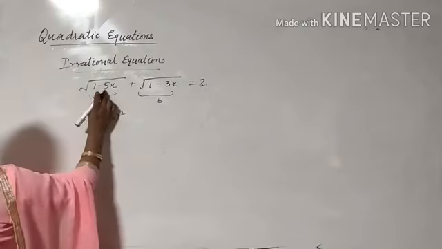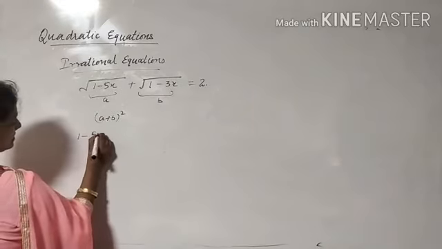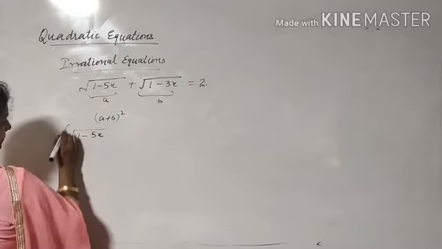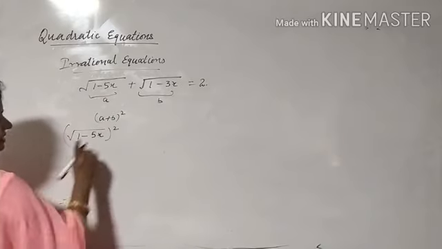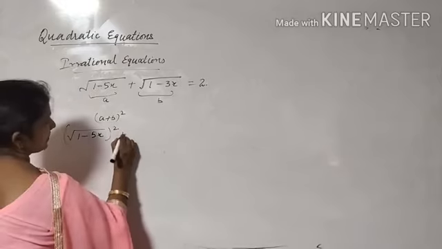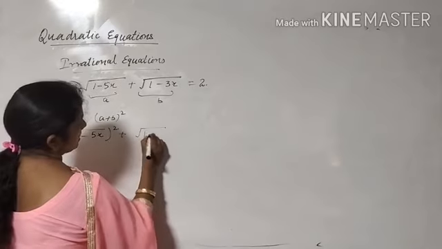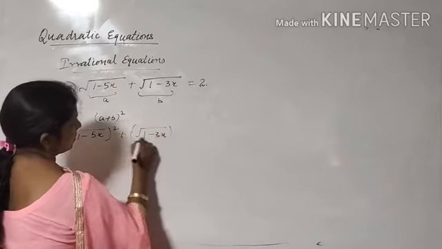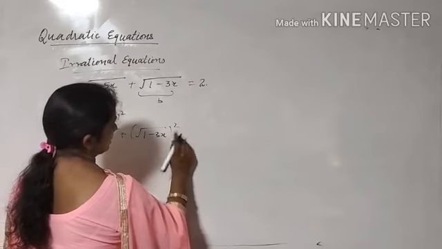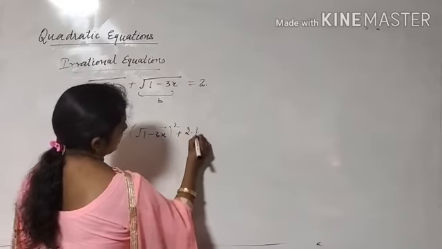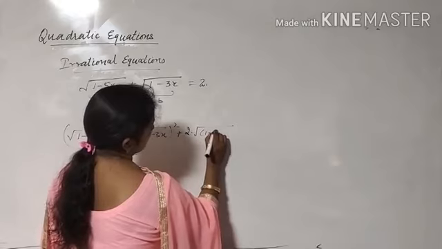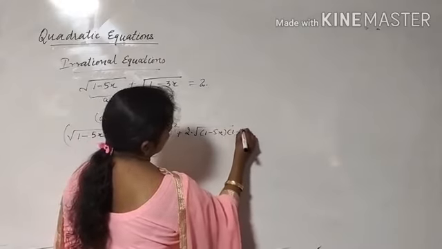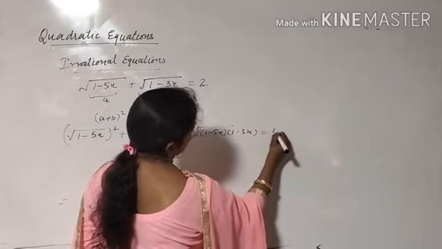So we get 1 - 5x, the square root gets cancelled, and (√(1 - 3x))^2 is 1 - 3x, plus 2√((1 - 5x)(1 - 3x)) is equal to 4.